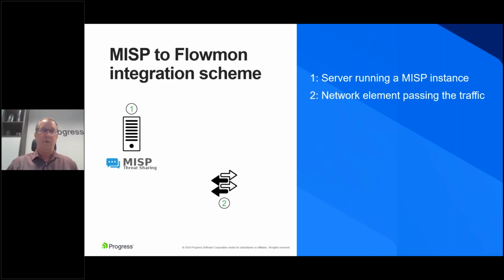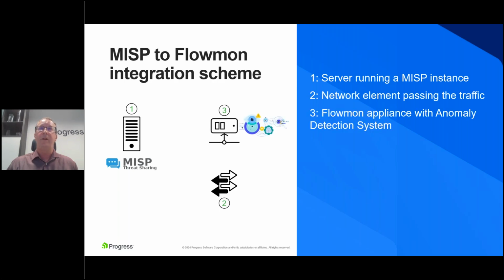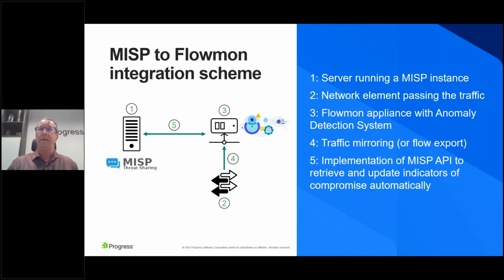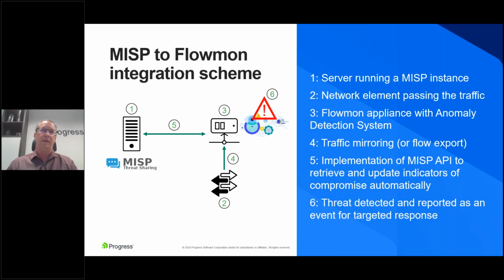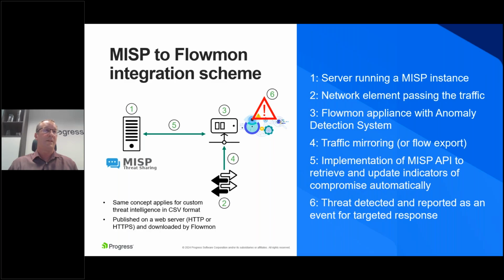You are monitoring the network traffic, obviously. You have deployed Flowmon ADS. So you use the MISP API to automatically collect indicators of compromise by ADS and use those to detect events in your environment.